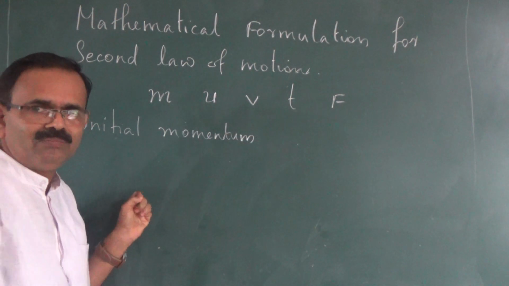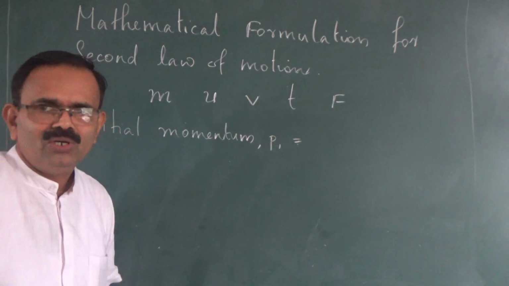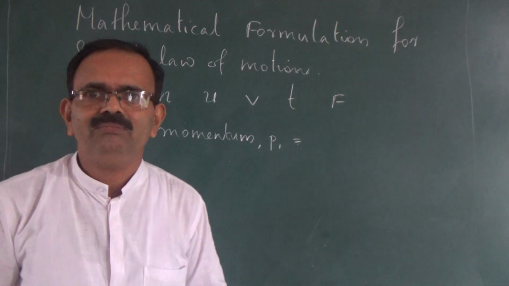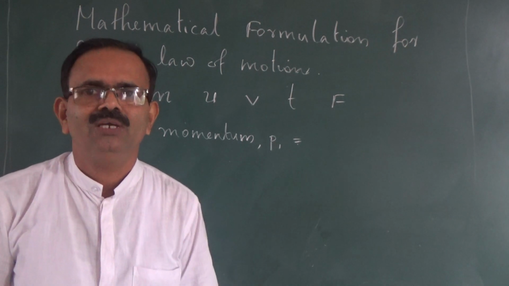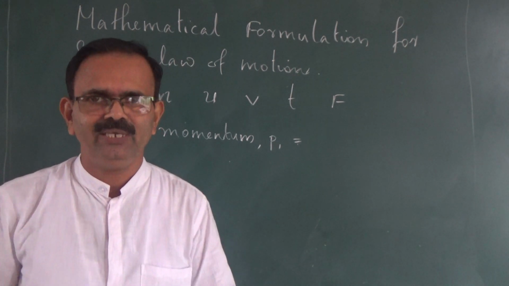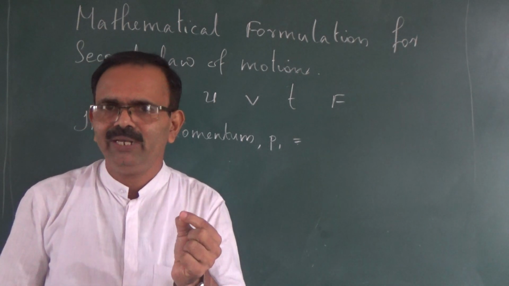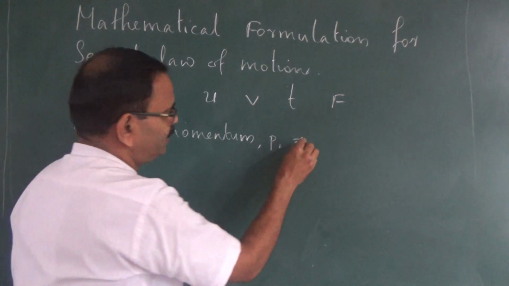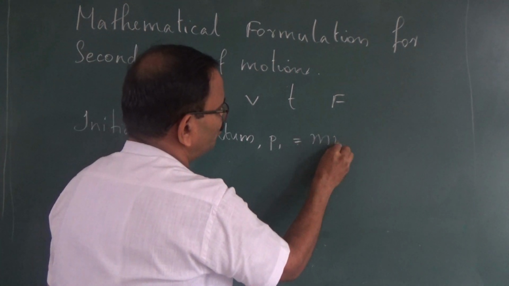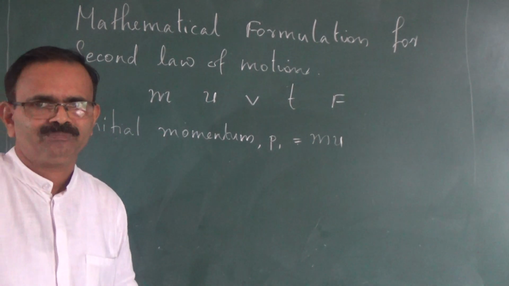Initial momentum, let us take it P1, and you know initial momentum is the product of mass and initial velocity. The mass always remains same, so we should consider only velocity. So initial momentum is equal to mass into initial velocity, that is mu. M is the mass, u is the initial velocity.